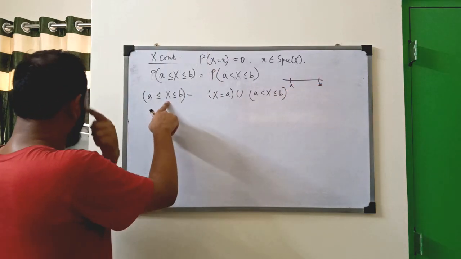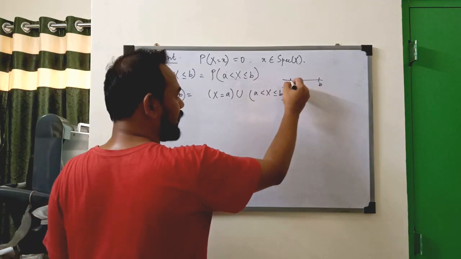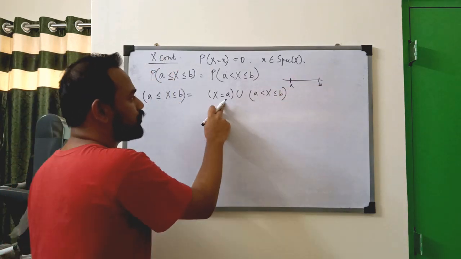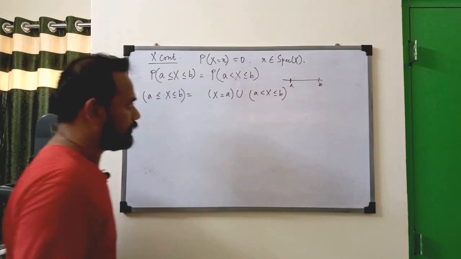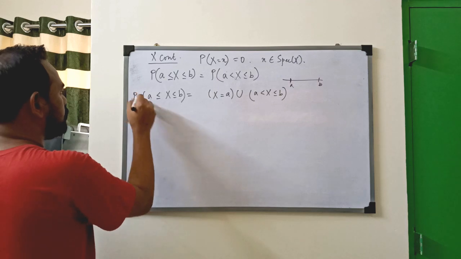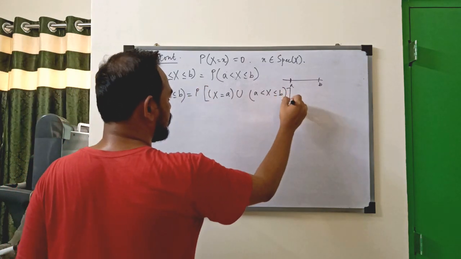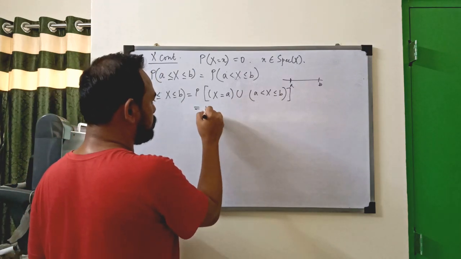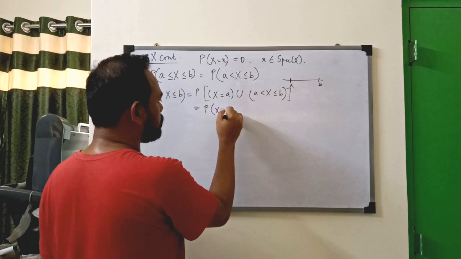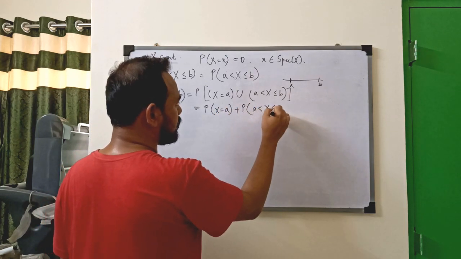If you're looking for the event that x takes a value between a and b, either it's exactly a, or it's more than a but less than or equal to b. So you would take the probability of this. And again, by the same logic, because these are disjoint events, you can break them up by the axiom. This is going to be the probability x equals a plus the probability a less than x less than or equal to b.